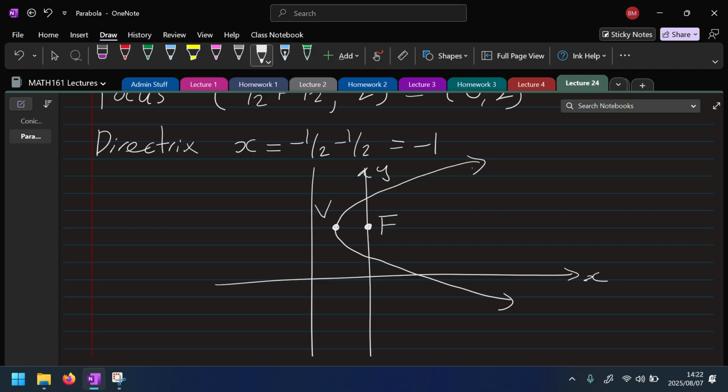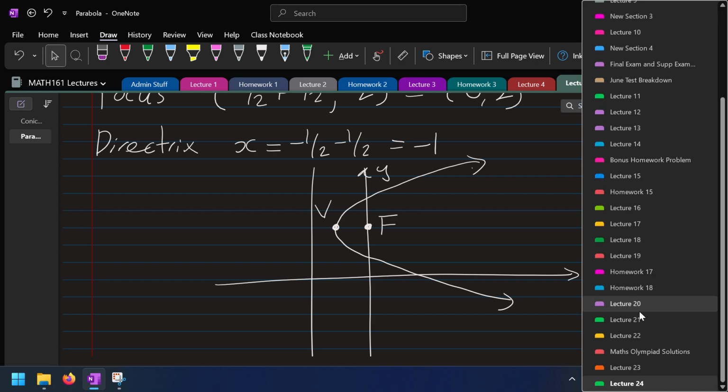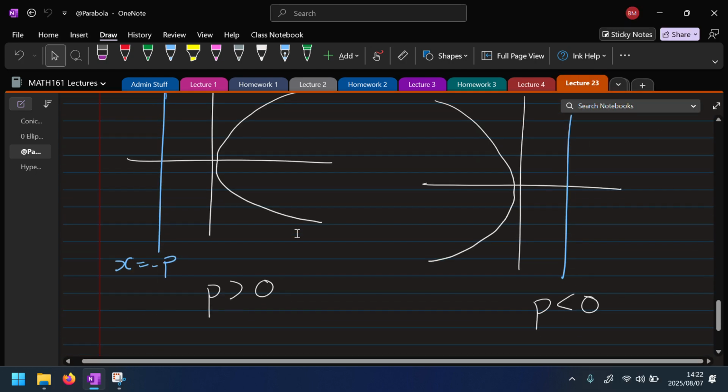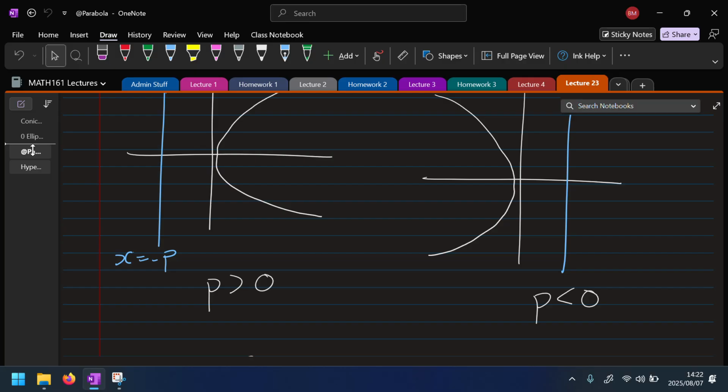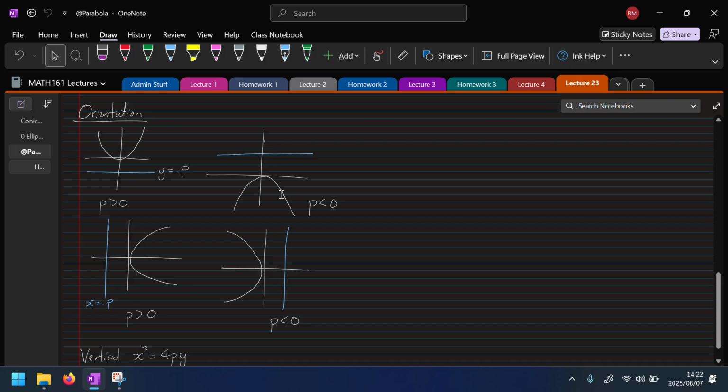So you just fill in the parabola on that side there, right? Because the directrix is on the left there, so then your parabola is on the right. Again, if you forget your orientations, go back to the lecture. Where is it? Here. Right, the four orientations of the parabola. So we were looking at this case here, because our p was greater than 0. So it's this one.